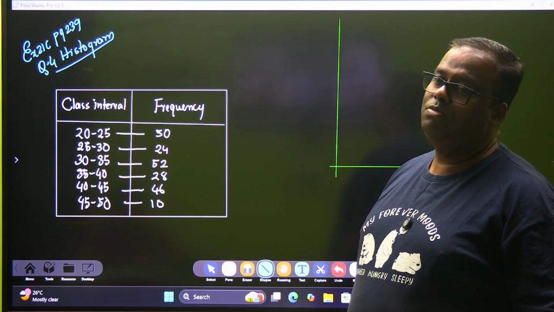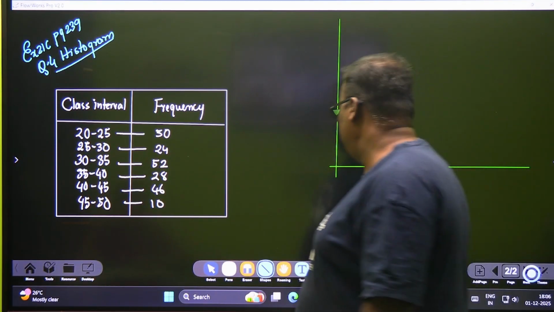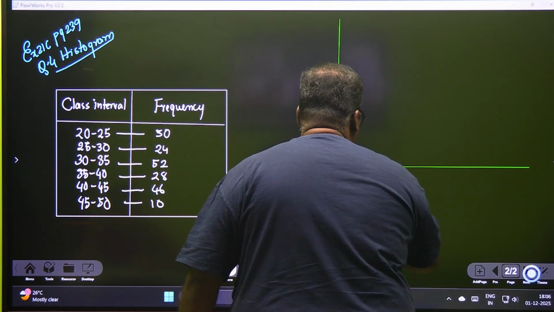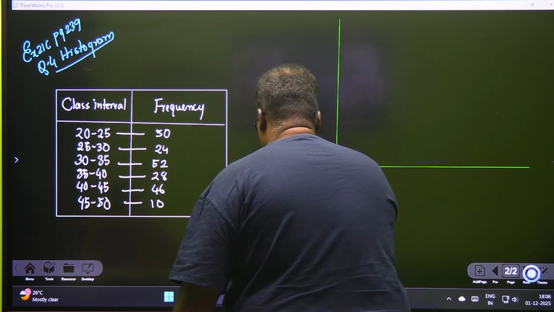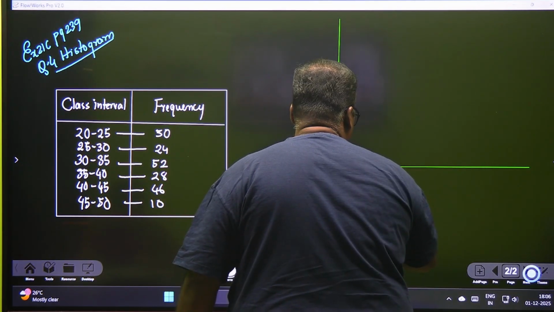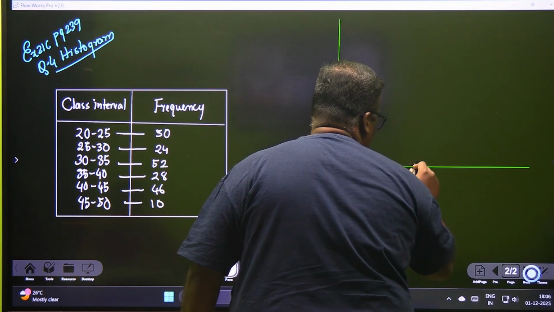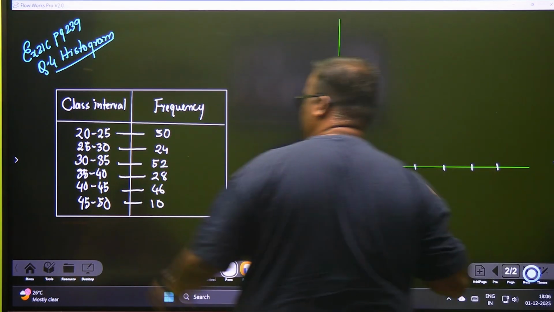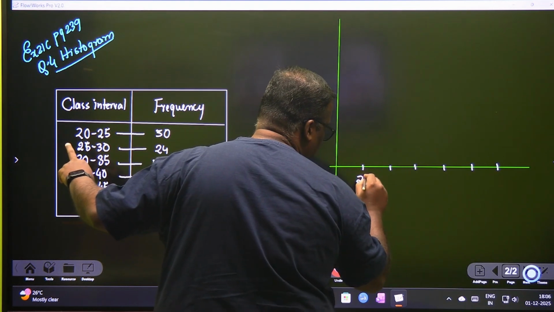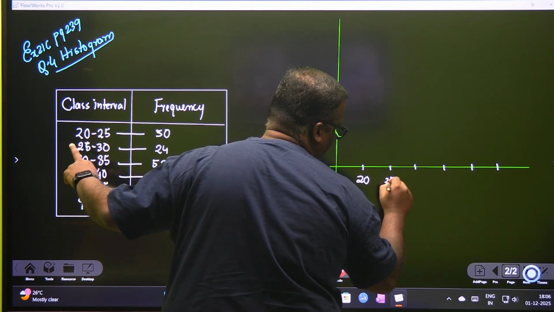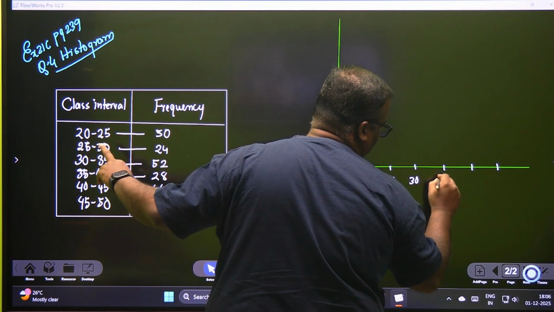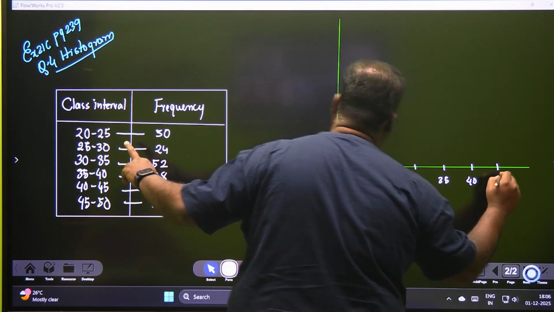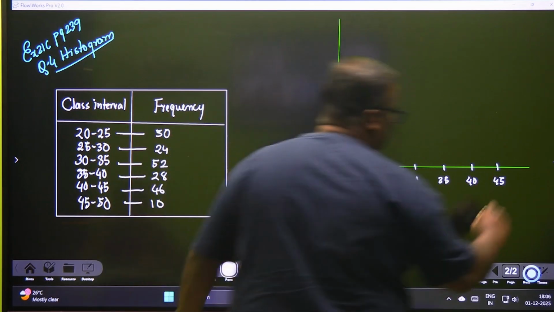Job starts from 20, 25. So what we will do, we will take our data such that at every 1 cm we'll make our marks first of all. So 1 cm, 1 cm, 1 cm, 1 cm, 1 cm, 1 cm, and I'm making this graph from 20, 25, 30, 35, 40, 45, okay, and then you also have a 50.